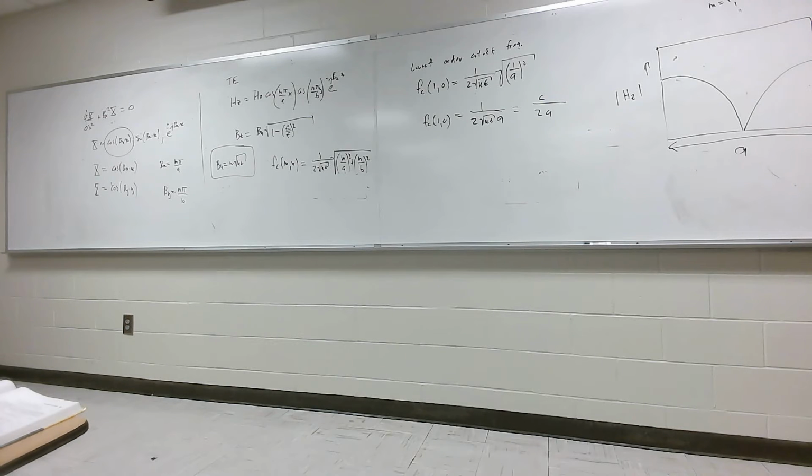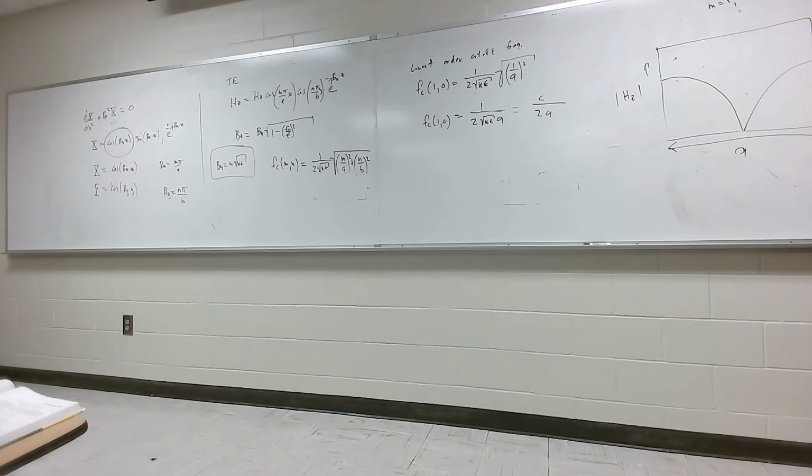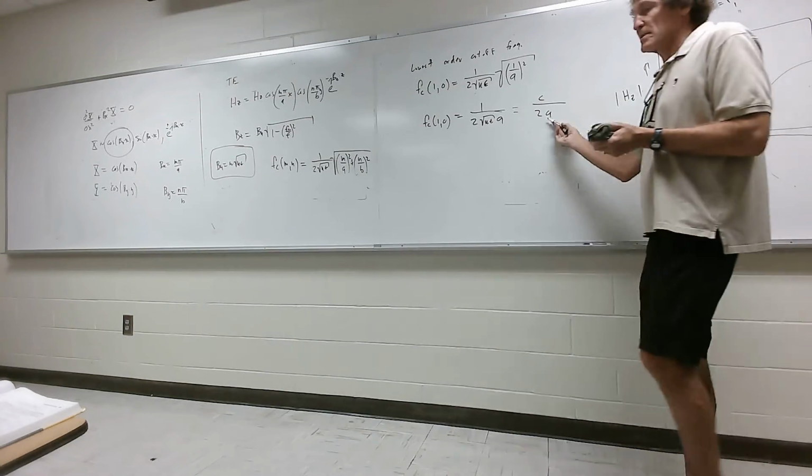Y'all follow me on that, class? Now take a look over here. Well, what is wavelength? It's C over F cutoff. So it would be C over F cutoff 1,0. Or F cutoff itself would be equal to C over 2A. And that's exactly what we have here.